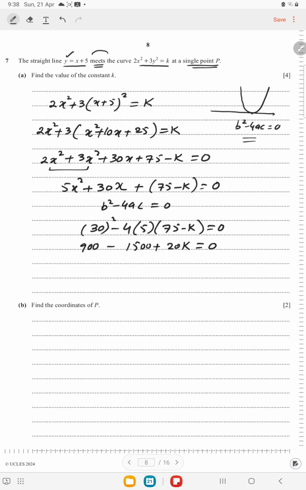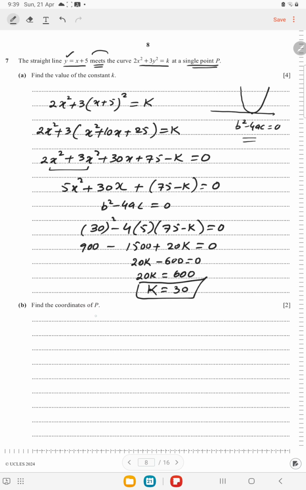You can check. Here we go: 20k minus 600 equal to 0. 20k equal to 600, so k will be, with the calculator, 30. Yeah, the value of k is 30.